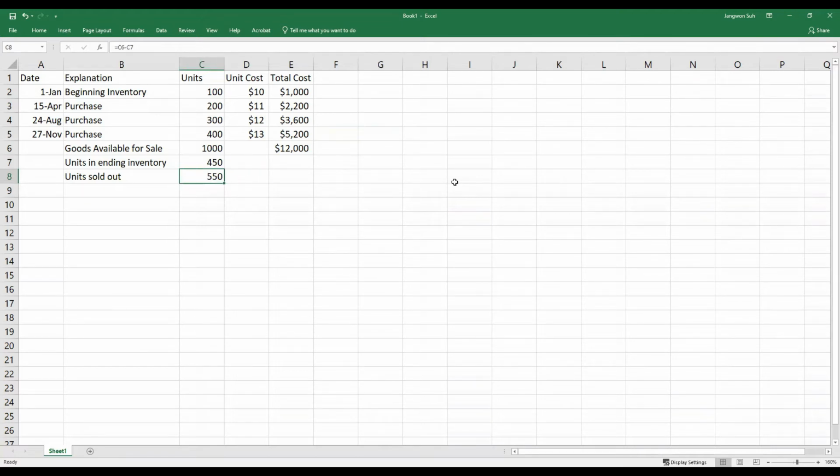Then, I told you that they are identical to each other, right? Then what's the cost of these units sold out? What's the cost of goods sold? Our question began from how much is the cost of goods sold. How much is the cost of these 550 units sold out?